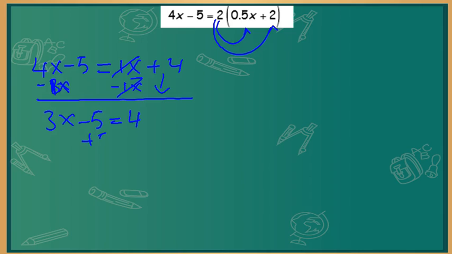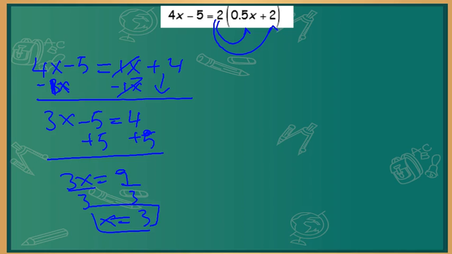So I have to add 5 to remove this negative 5 from that side. When I add 5, I'm going to get 3x is equal to 9. As a last operation, I'm going to divide each side by 3. So when I divide each side by 3, I'm going to get x is equal to 3.